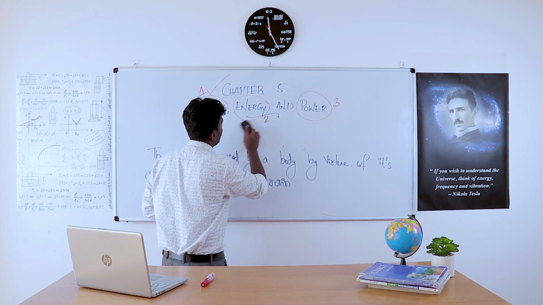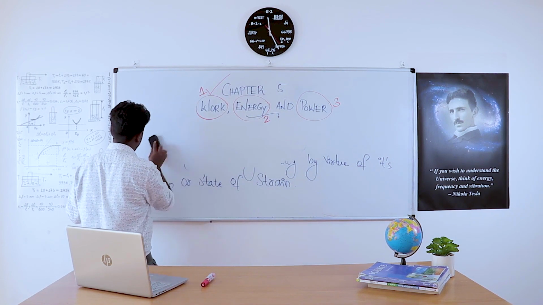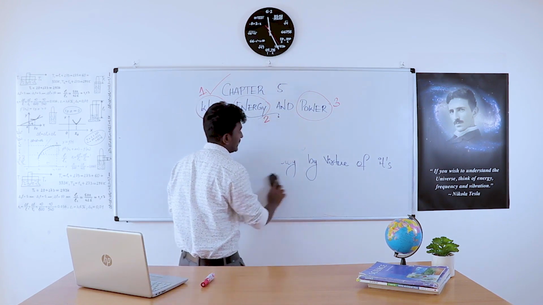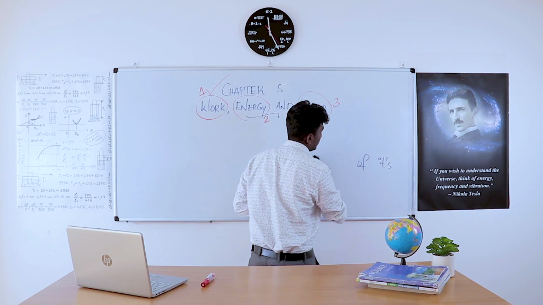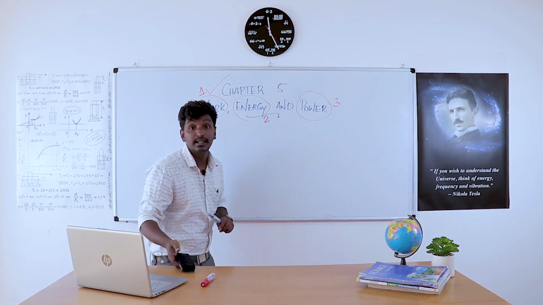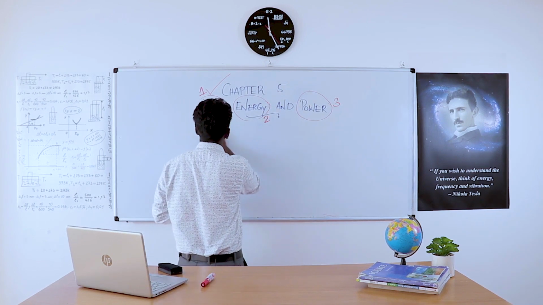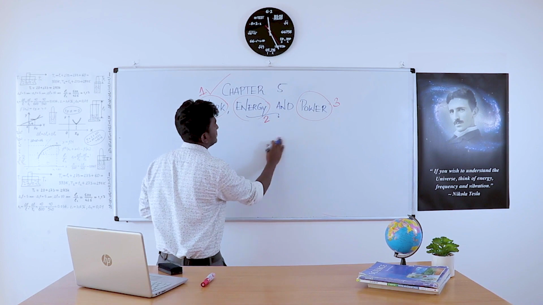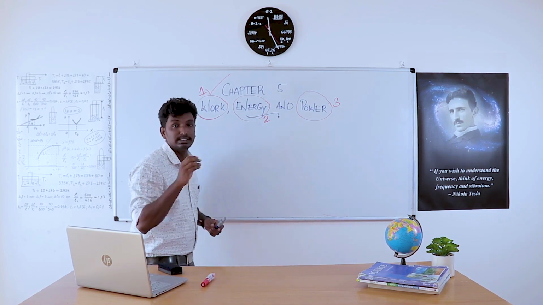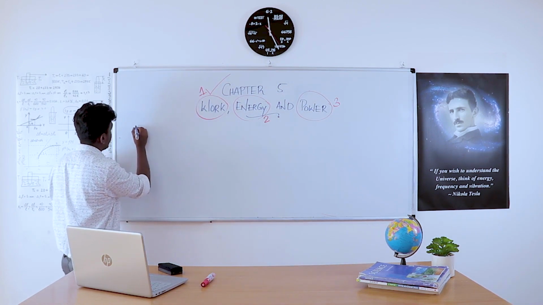In a similar way to how we derived the equation for kinetic energy, kinetic energy is equal to half mv square, we have to derive the equation for potential energy. I am going to derive the potential energy stored in an object placed at a height.